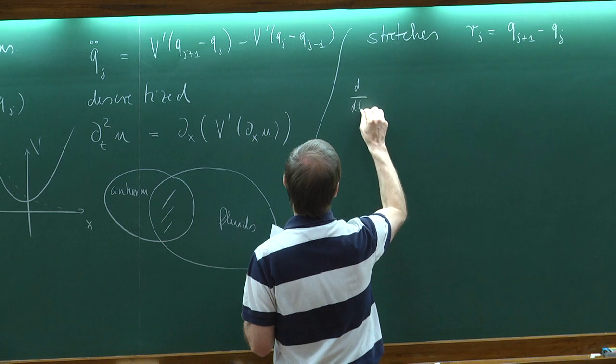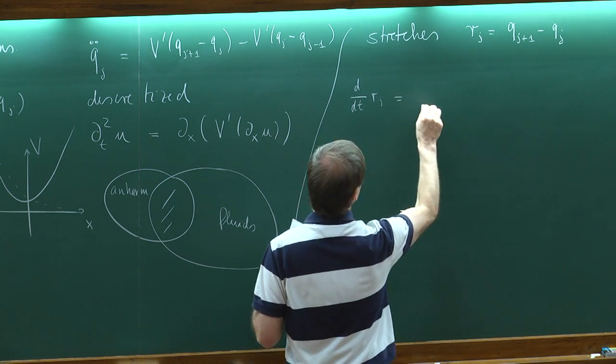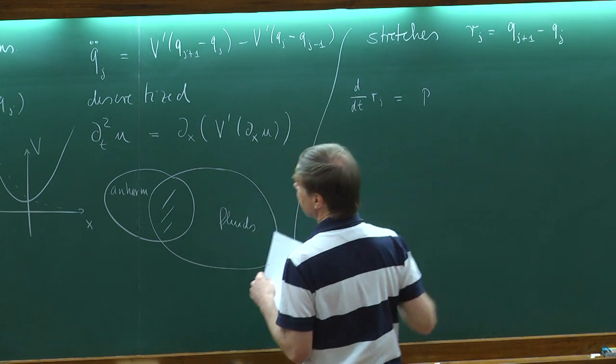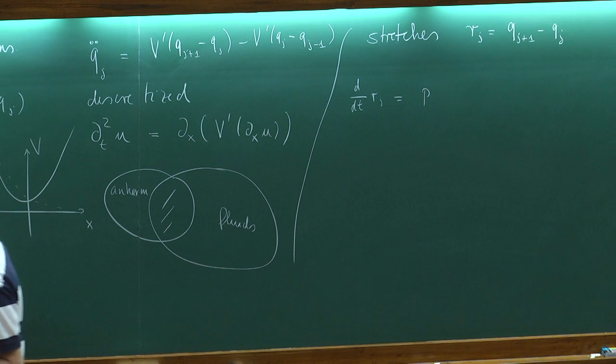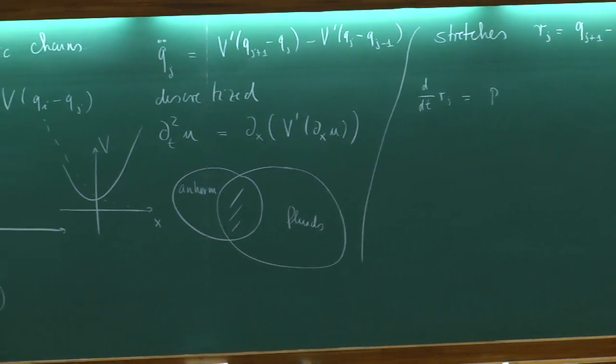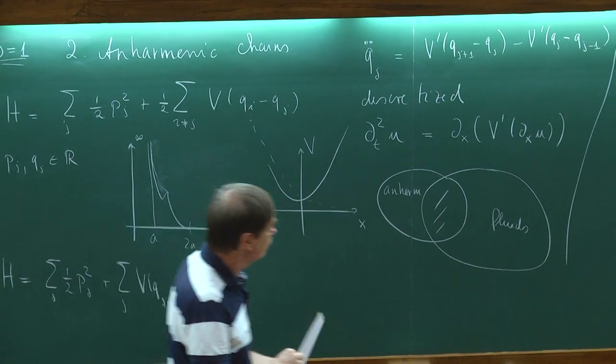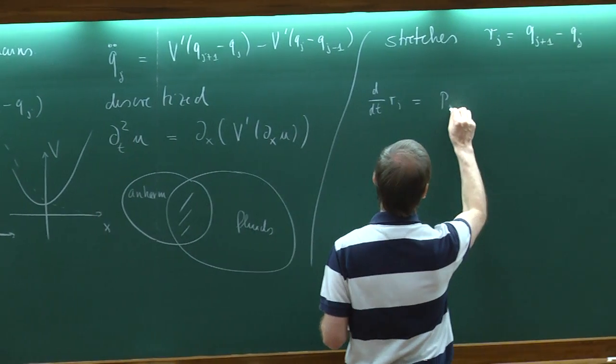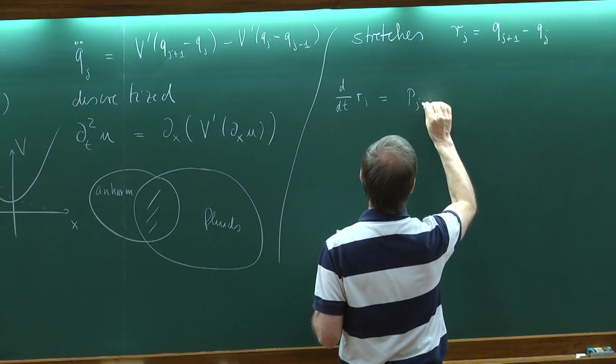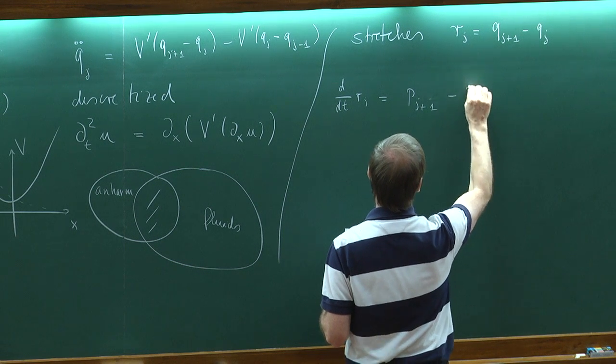And so you see that the ddt of Rj, well, that's easy. My mass is here always equal to 1. So I talk about momentum and velocity. I really call this mostly momentum, but you see that the momentum is the same as the velocity here. So anyway, here you get Pj plus 1 minus Pj.